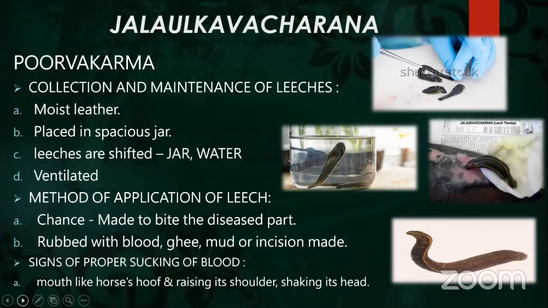We can see which is the proper sign of sucking blood. In the further slides, I'll show you the picture. Like how we can identify that the leech has started sucking the blood: the leech mouth looks like a horse hoof, and it starts raising its shoulder and shaking its head. You have to notice all those things keenly, and then we can identify.